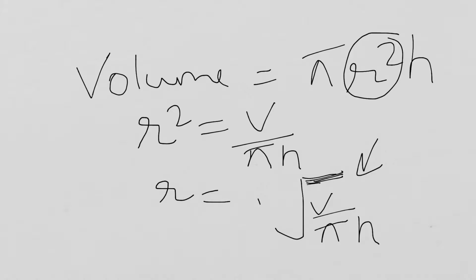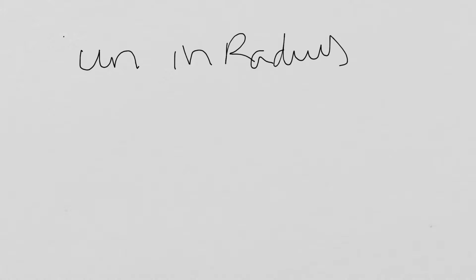This is how you find the radius normally. But now we will find the uncertainty in the radius using the formula. Uncertainty in radius is given by delta r upon r, and for percentage uncertainty we multiply by 100.